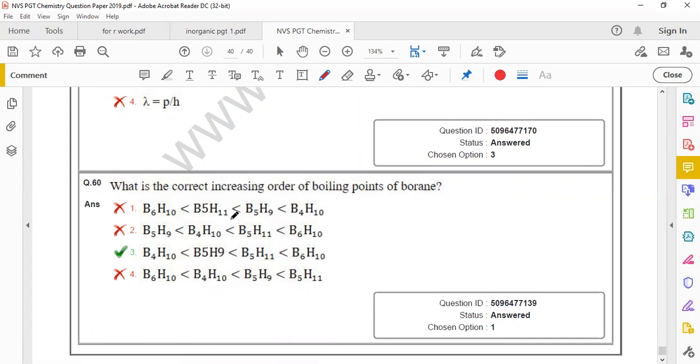The correct boiling point order will be B4H10, B5H9, B5H11, B6H10. So here you will see the increasing order. That means the fewer the boron atoms present, the lower the boiling point, and as the number of boron atoms increases, the boiling point also increases.